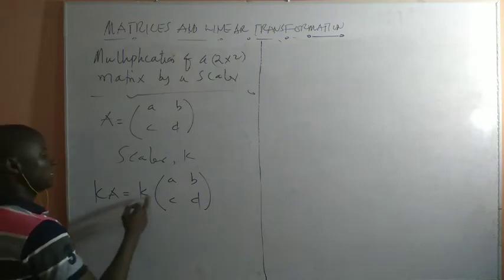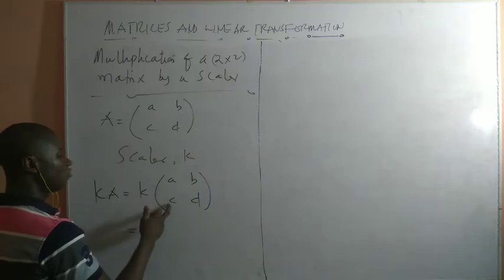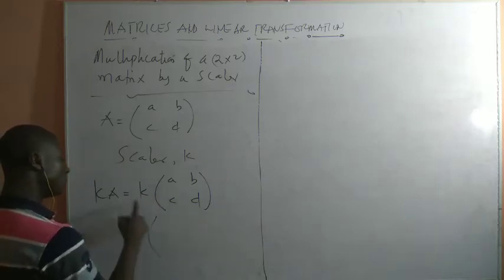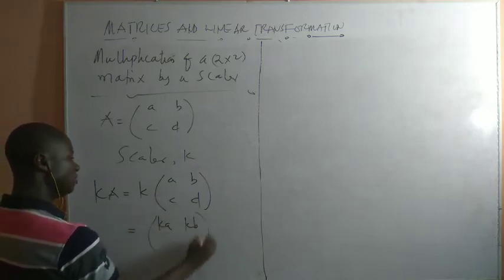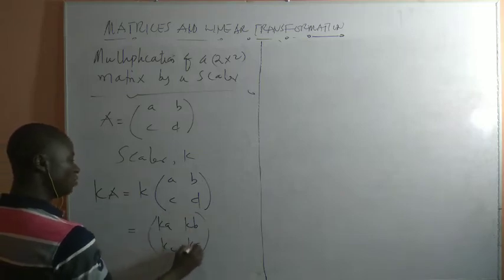So k will multiply a, k will multiply b, k will also multiply c, and k will also multiply d. So k times a will give us ka, k times b will give us kb, k times c will give us kc, and k times d will give us kd.